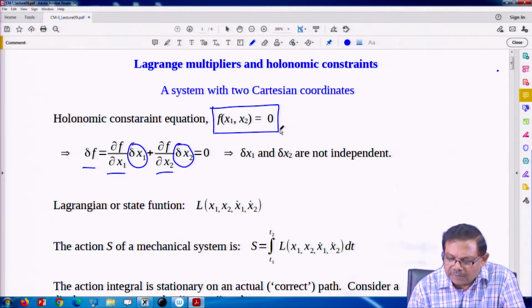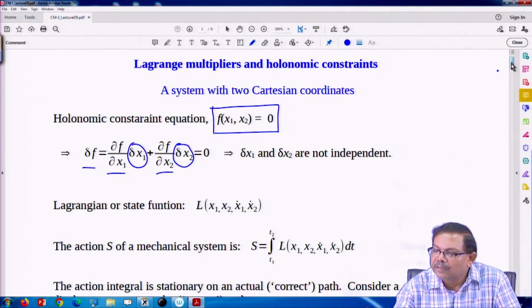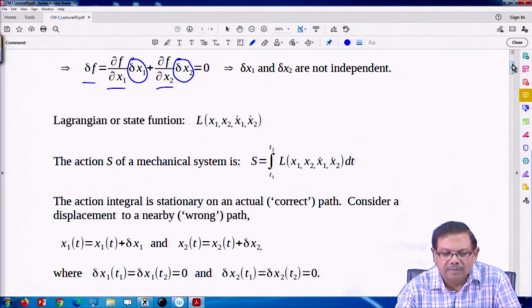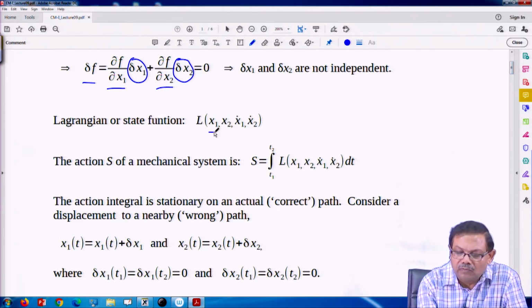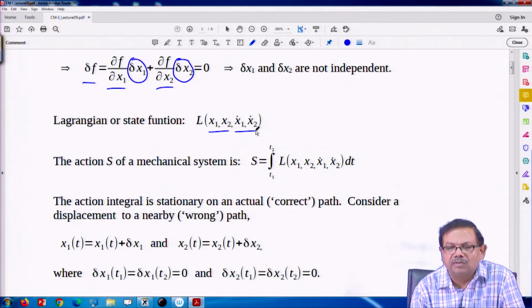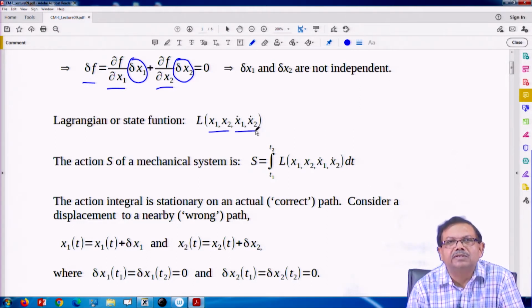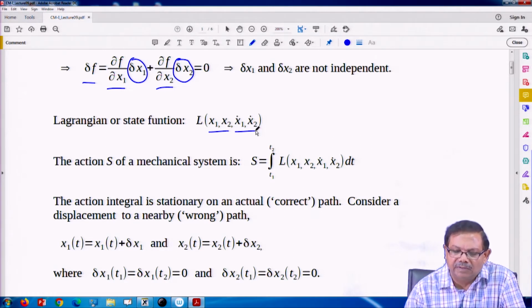So, let us look at the action variable. L is the Lagrangian of the system of two coordinates and two velocities. There is no explicit time dependence. x 1, x 2, x 1 dot, x 2 dot all vary with time, but time does not appear explicitly in the system.